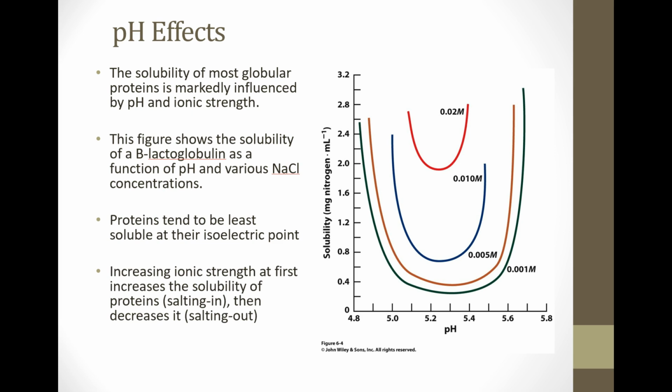And you can see there's a zone for each of these proteins where they have the most reduced solubility based on pH. And that typically, you have a window of reasonable function, and then as you leave that window, both above and below, solubility for these globular systems changes significantly. And that's why it's called salting in or salting out.